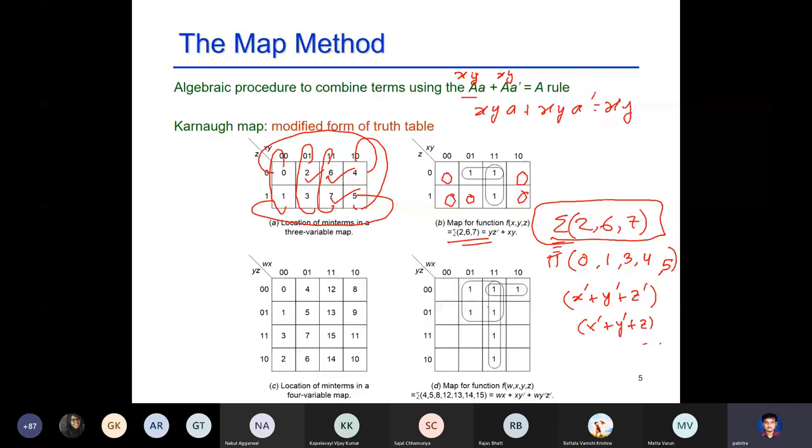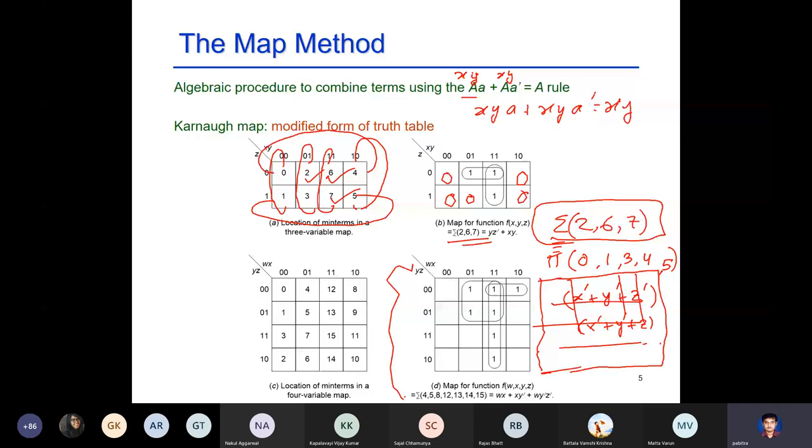Okay, so what are the rules of forming the cube? First of all, this is a cube. This is also a cube. This is also what I call a cube. You can think of it as a block also. We call it a cube.